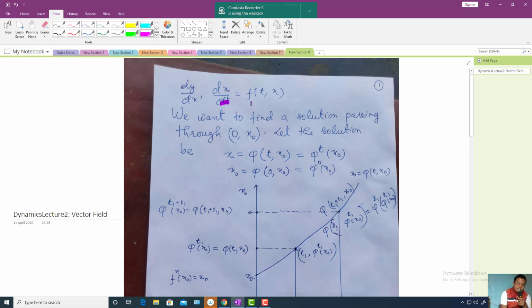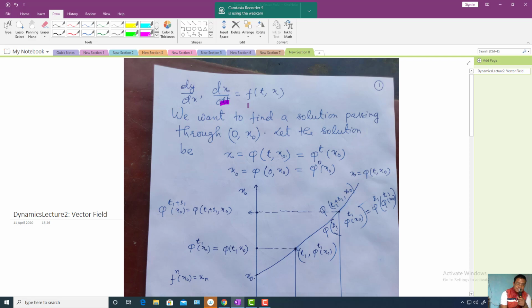In the last class we talked about how, if this function satisfies certain conditions, then the existence and uniqueness of the solution curve passing through the initial point is guaranteed.